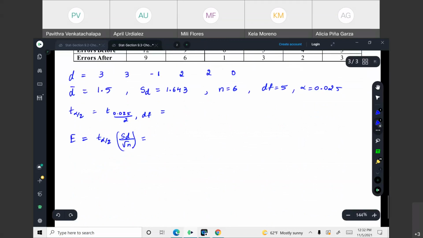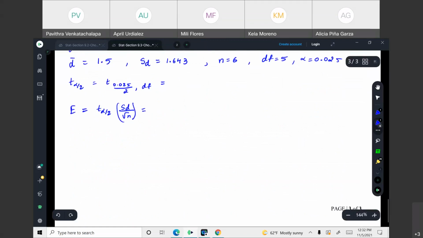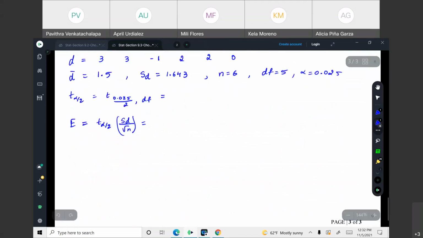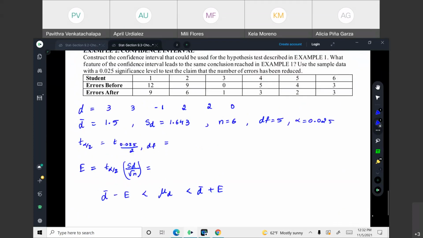You have all the values, all you need to do is plug in. Once you find these two, your final answer has to be of the form: mu difference between the lower and upper bound. Do this and tell me the final answer.